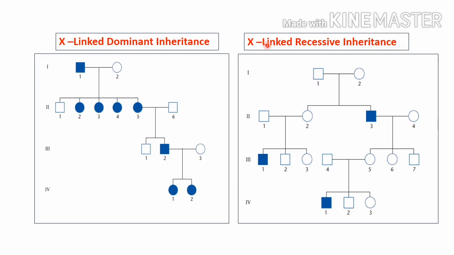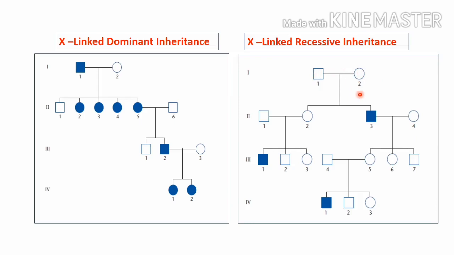Whereas on the right-hand side it is the X-linked recessive inheritance. This is the first generation, and these are the parents, but the parents look normal. The mother may have a mutated allele on her X chromosome, but she does not express this character in her life.